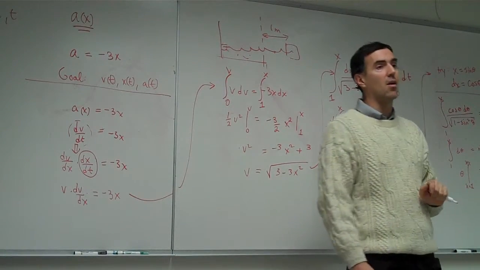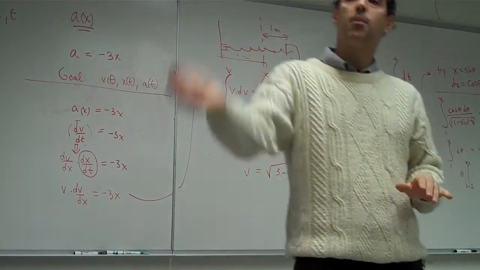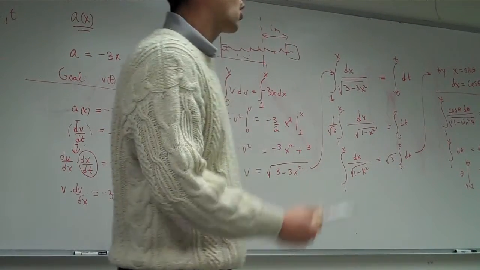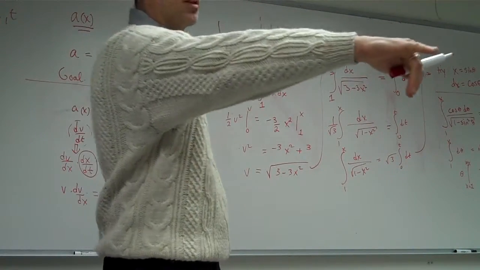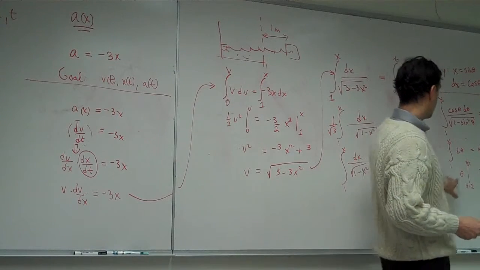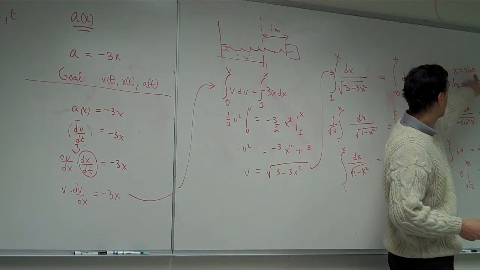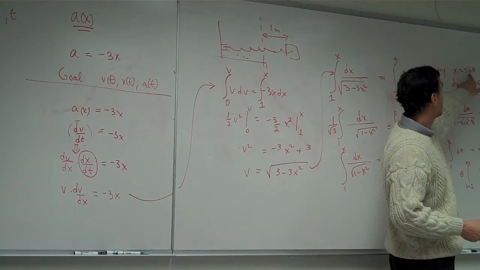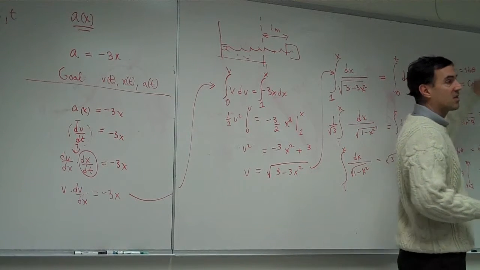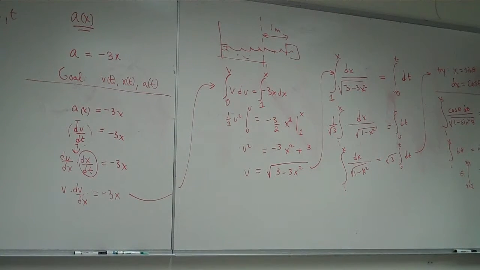That is not for theta going from 1 to x. So before I put my limits in, I have to go from theta back into x. Theta is inverse sine of x. So if x is sine theta, theta is inverse sine of x.